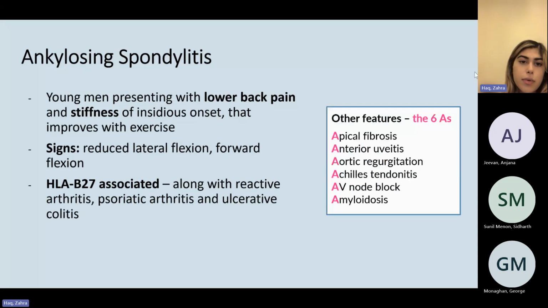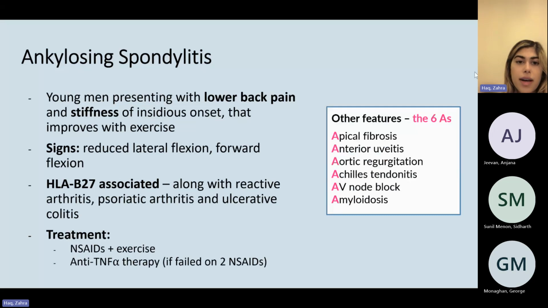Other features of ankylosing spondylitis to be aware of are the 6 A's: apical fibrosis of the lungs, anterior uveitis, aortic regurgitation, Achilles tendonitis, AV node block, and amyloidosis. Treatment will normally be NSAIDs and exercise. However, if the patient fails on NSAIDs, the next mode of action is an anti-TNF alpha, such as infliximab.